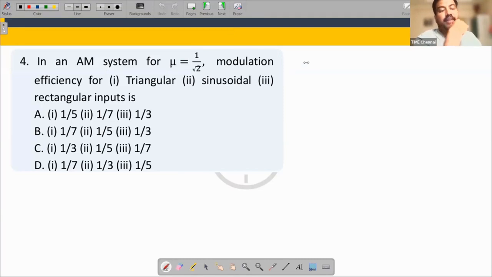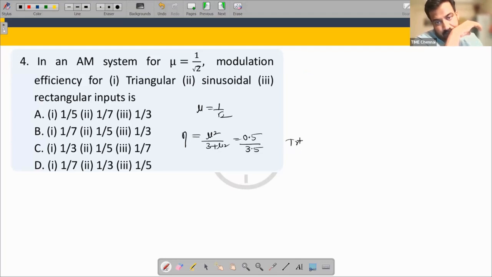That's very quite simple because given mu is equal to 1 by root 2, the modulation efficiency for triangular input is mu square by 3 plus mu square, 0.5 by 3.5, that's 1 by 7.